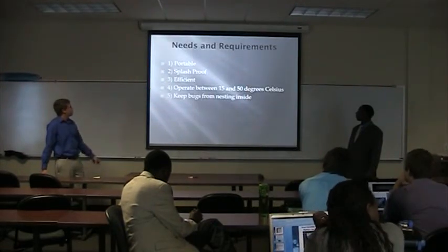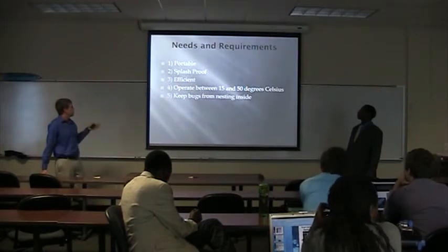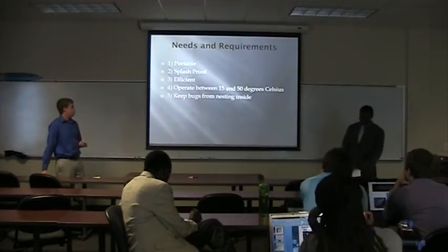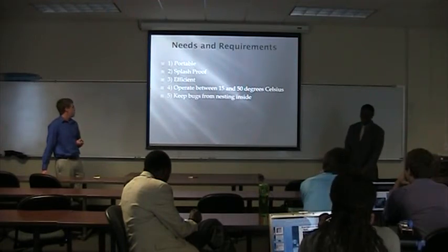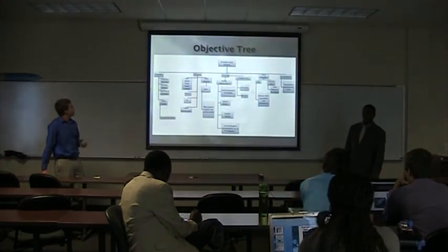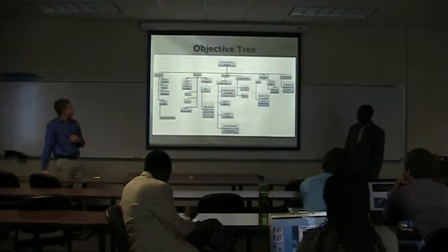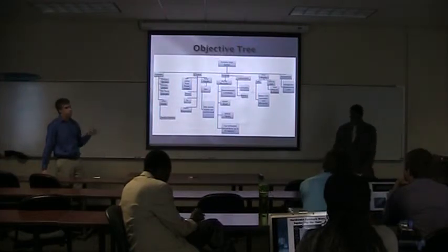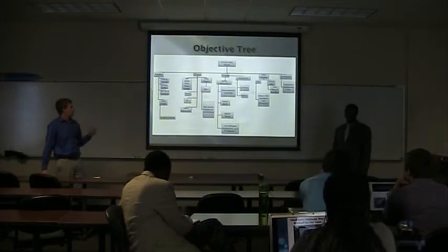Just the needs real quick: it needs to be portable, splash-proof, efficient, operate between 15 to 50 degrees, and keep out bugs. From our problem statement, we created an objective tree, took the portability and all the features we wanted to include with our product, and added more specifics to those.